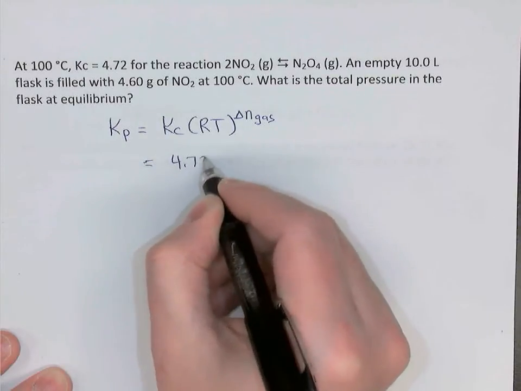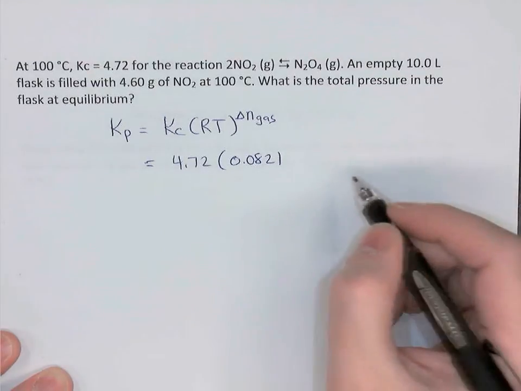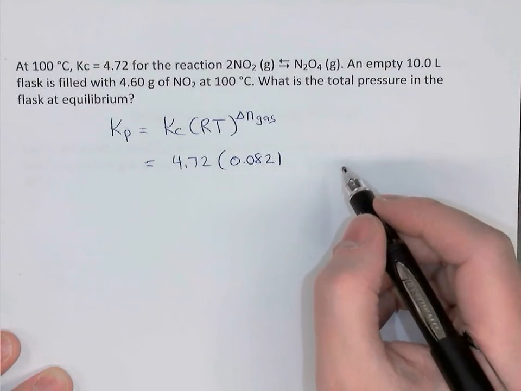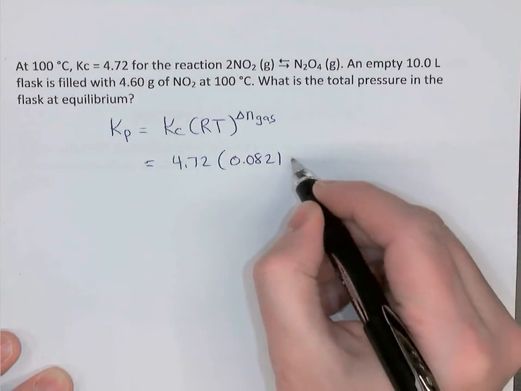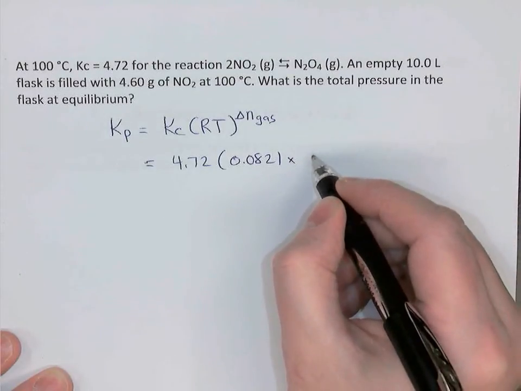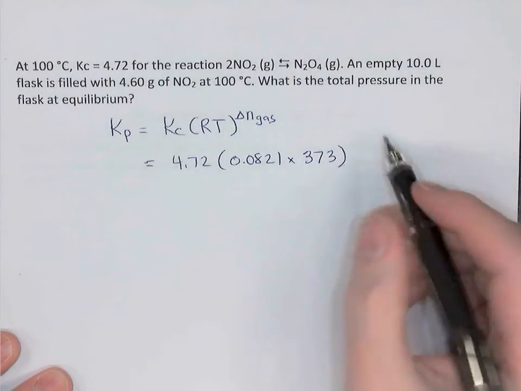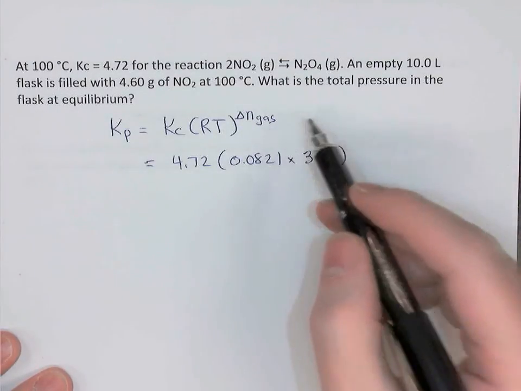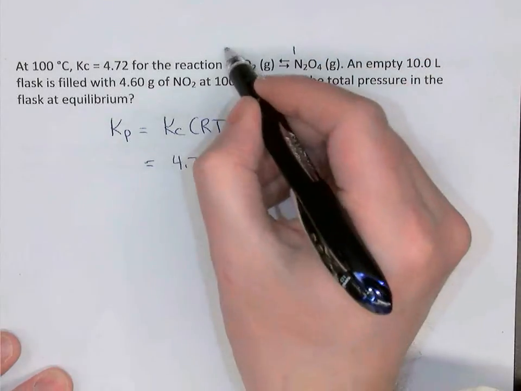4.72 times 0.0821. We always use that value in this formula because Kp's are calculated with atmospheres for pressure, times 100 degrees Celsius will be 373 Kelvin, and then the change in moles of gas, there's 1 mole of product gas, and there were 2 moles of reactant gas.